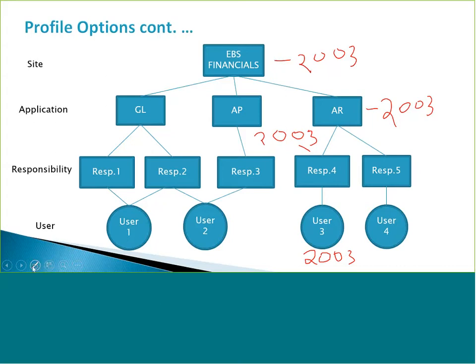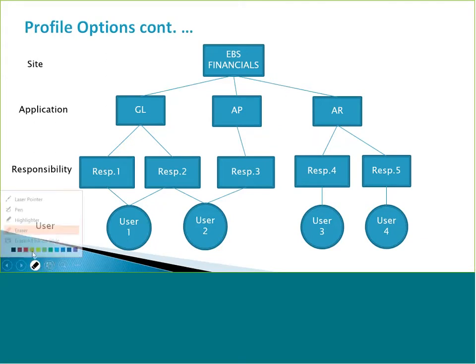So let me erase all this. So we said the profile option that we use to assign a specific ledger to a responsibility is GL data access set, all right?